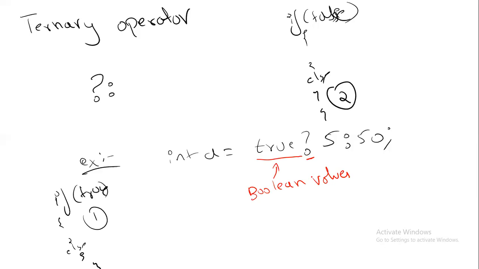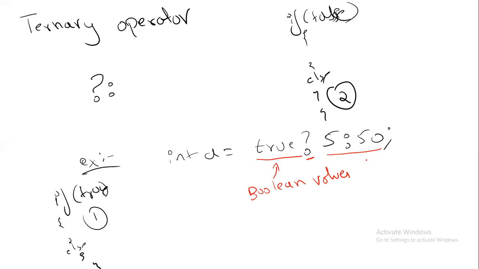You can either write true or false, or you can write an expression which returns true or false, like 2 less than 5, because that finally returns a Boolean value. And the right side can be of any type.